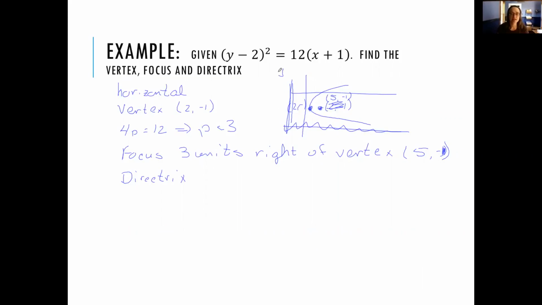So it's going to be at the line y equals negative 1 minus 3, which is negative 4. Okay. You can use Desmos to graph this. You can sketch the graph now using plotting points.